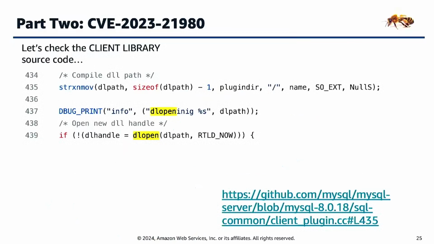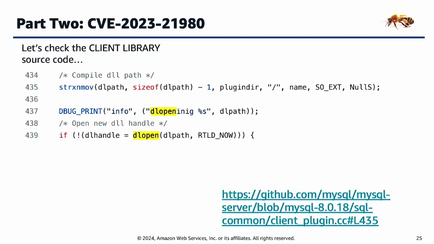So then let's look at the code. MySQL is open source. You can take a look at the code of the client library. It's actually part of the same server repository on GitHub, but it's client library code. And then you can see this.